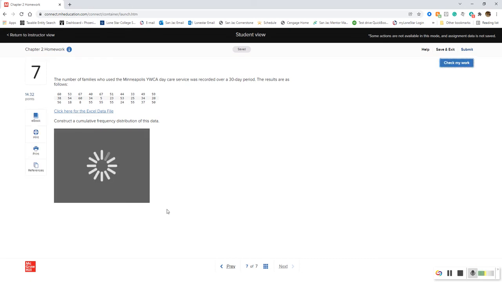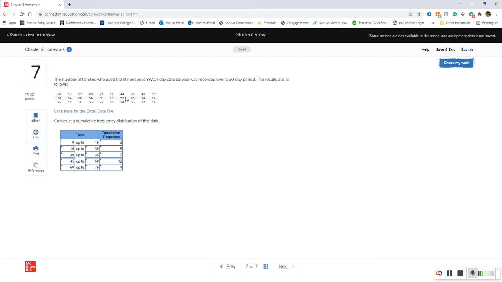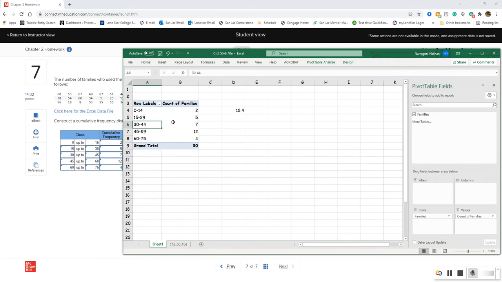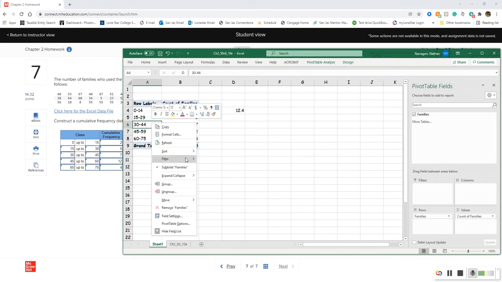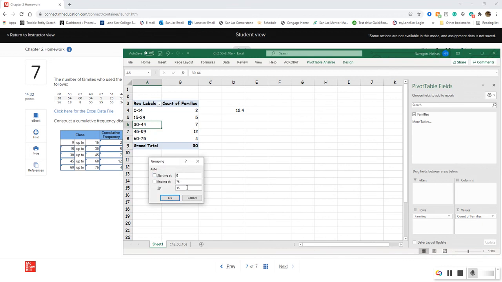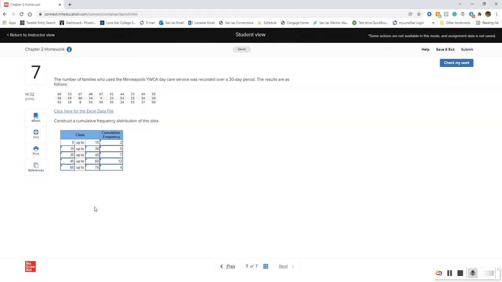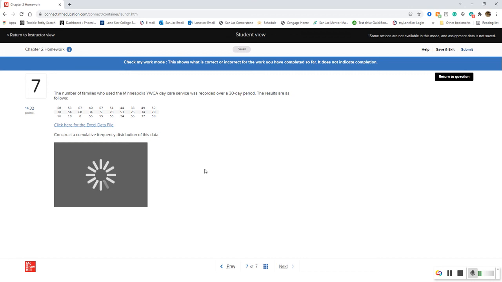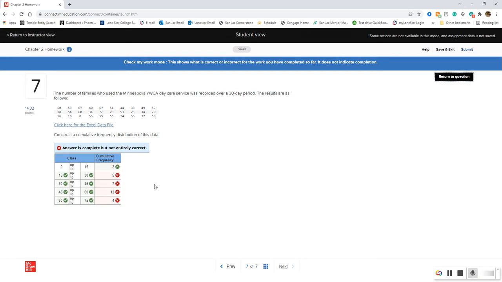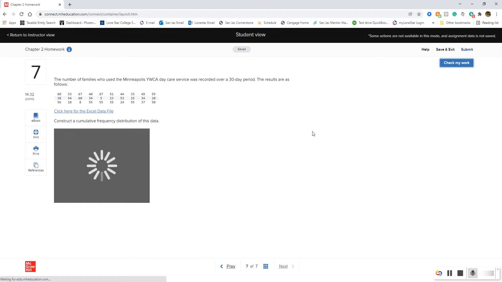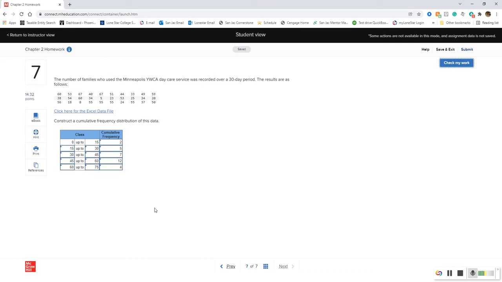Well, let's see. How can we fix this? Looks like we may be off by 1. We can count those, or let's see if we can fix the Excel. So let's see if we group it and secretly tell it to do 16. See, the numbers changed. Those numbers did not change. Theirs are still at 5 and 7, which they said were wrong. So we have an issue.